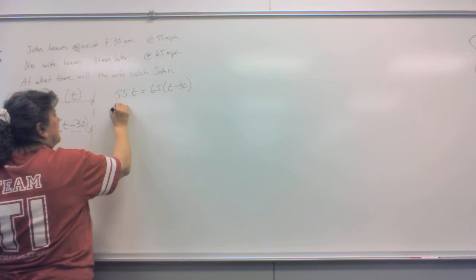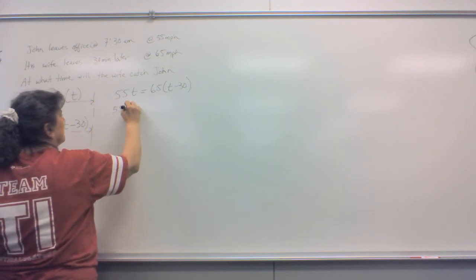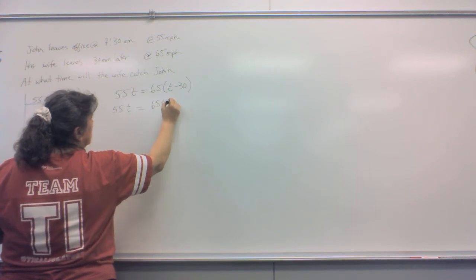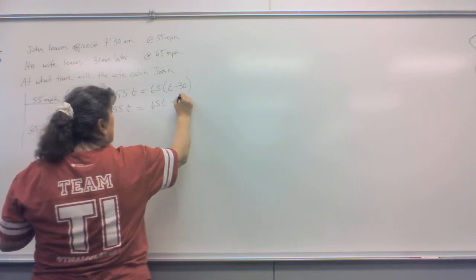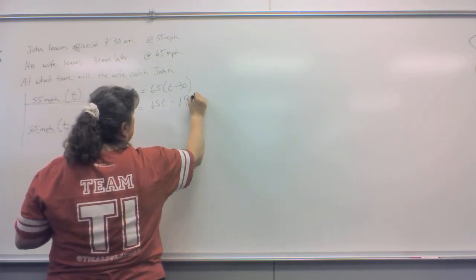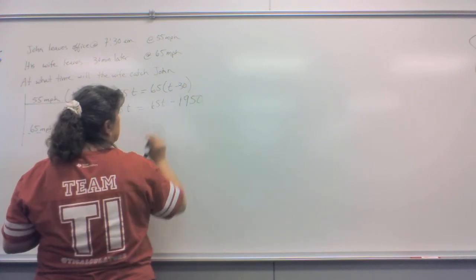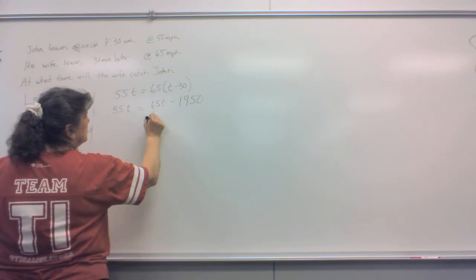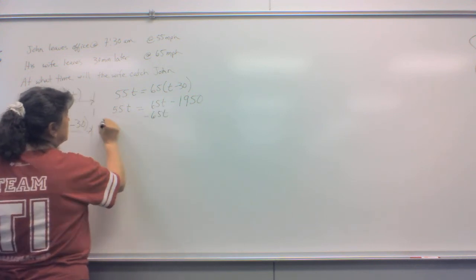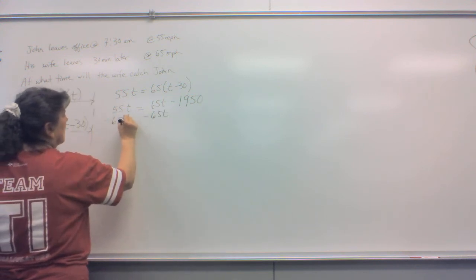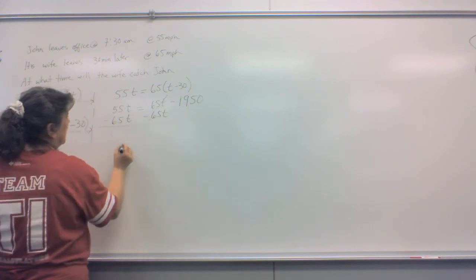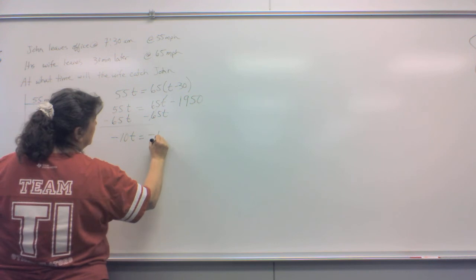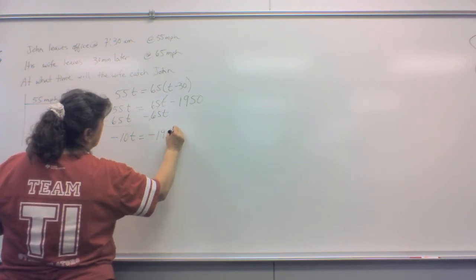So 55t is equal to 65t minus 1,950, because 65 times negative 30 is 1,950. Subtract my 65t from both sides, and I will end up with negative 10t is equal to negative 1,950.